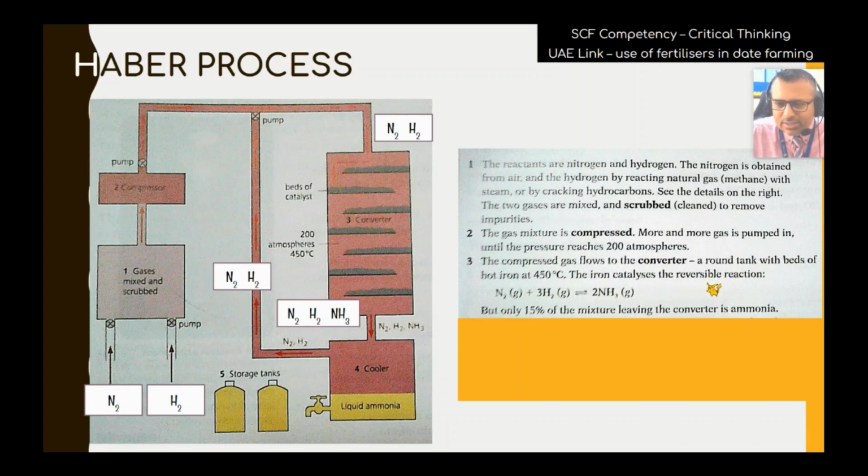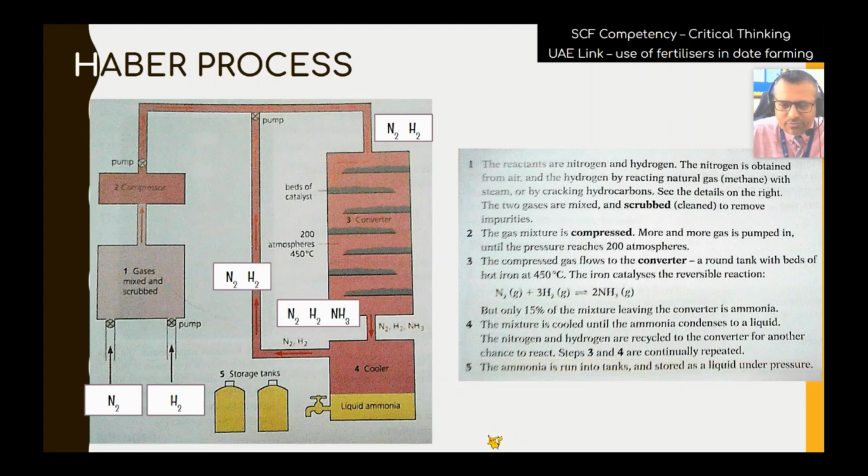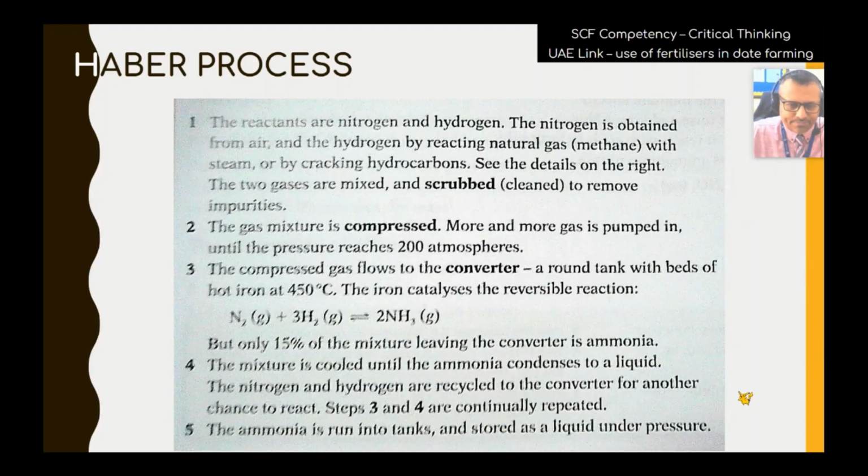The iron catalyzes the reversible reaction, but only 15% of the mixture leaving the converter is ammonia. The mixture is cooled until the ammonia condenses to a liquid. The nitrogen and hydrogen are recycled to the converter for another chance to react, and steps 3 and 4 are continually repeated. The ammonia is run into tanks and stored as a liquid under pressure.